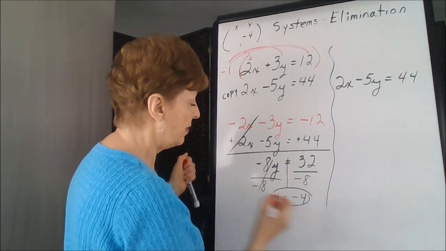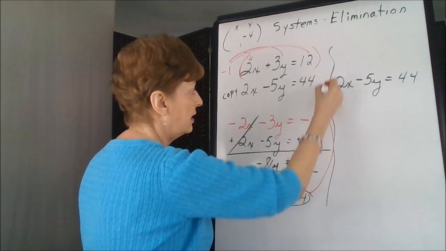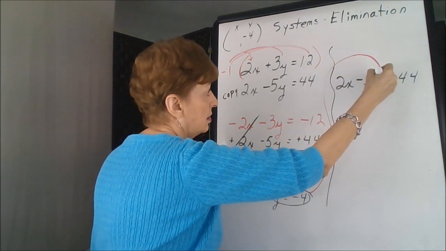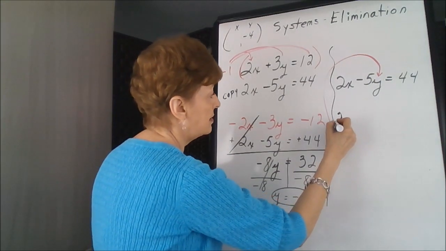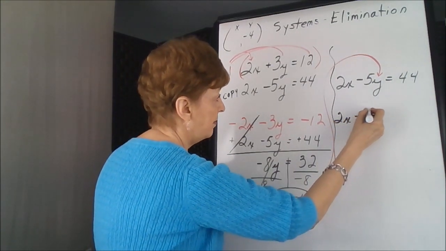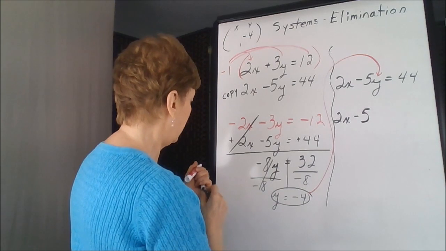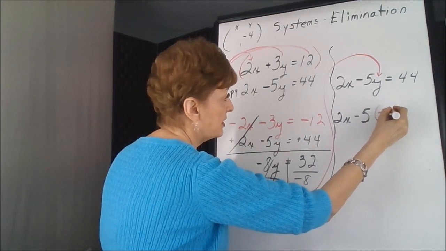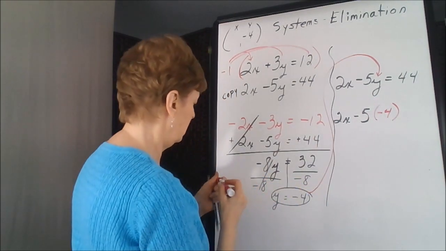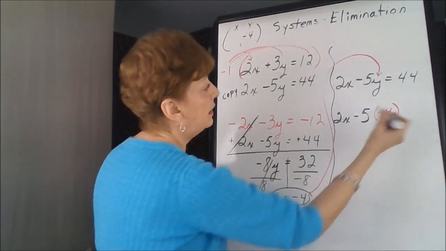The value for my y fits here. So it would be 2x minus 5 times the quantity -4, because that's our -4, that's what I'm substituting, equals 44.